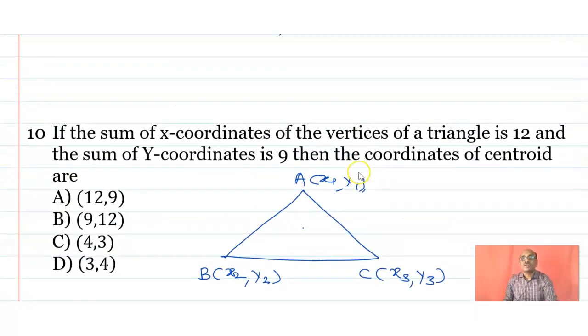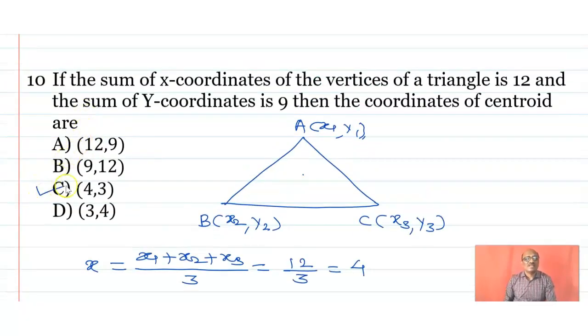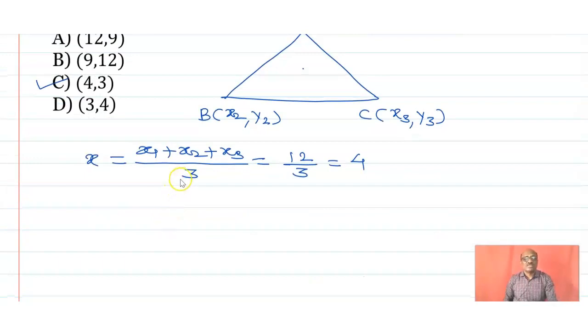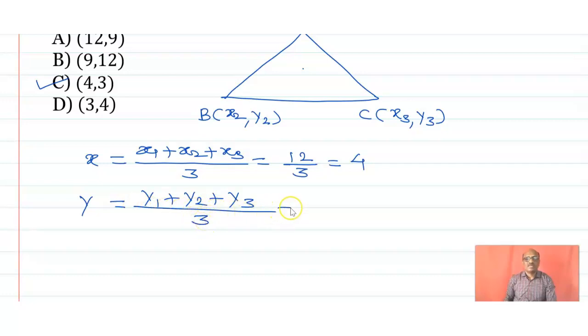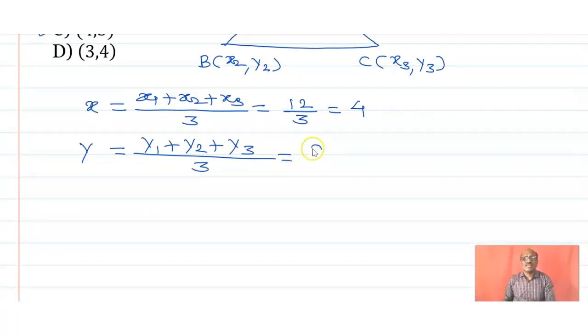X is equals to 4. म्हणजे इथे किती 4 आलं, म्हणजे ऑप्शन कोणता करेक्ट असेल, दॅट इज C. पुन्हा आपण पुढचं देखील एक चेक करू शकतो, दॅट इज y is equals to y1 plus y2 plus y3 and this divided by 3 and that is equals to, here आपल्याला त्याची टोटल दिली ती, its total is 9 upon 3 and that is equals to 3.